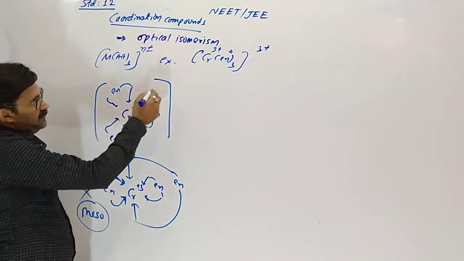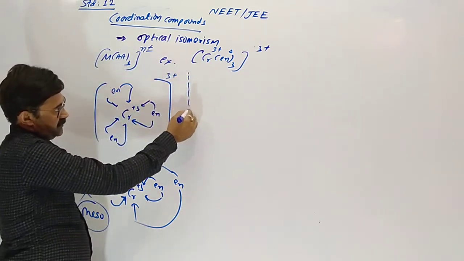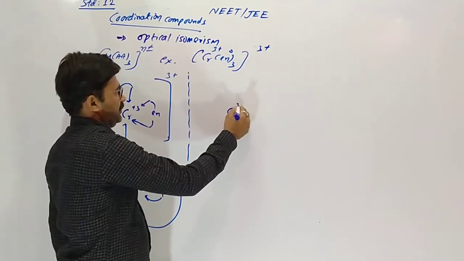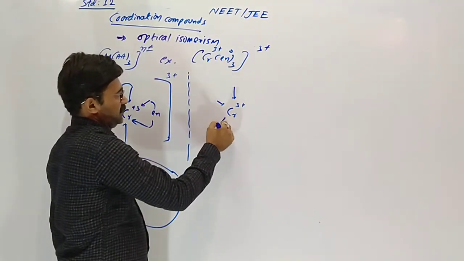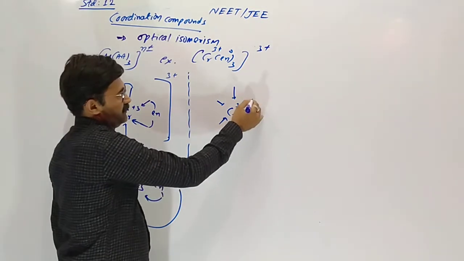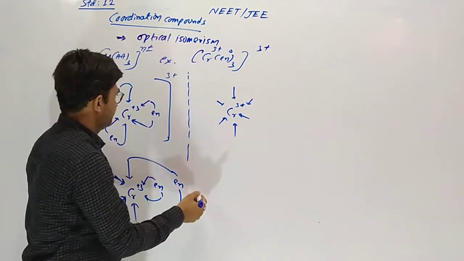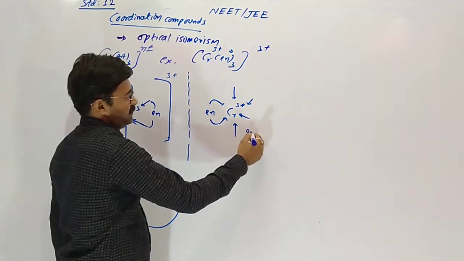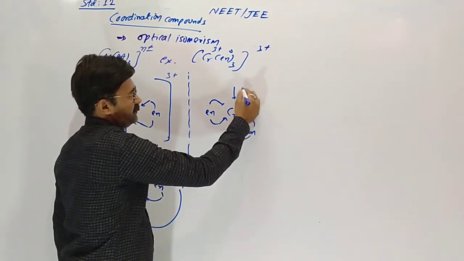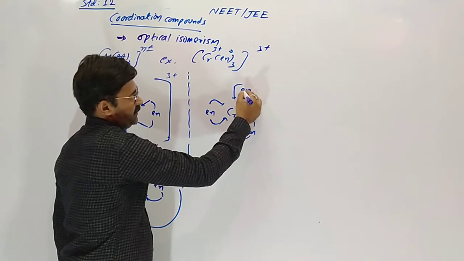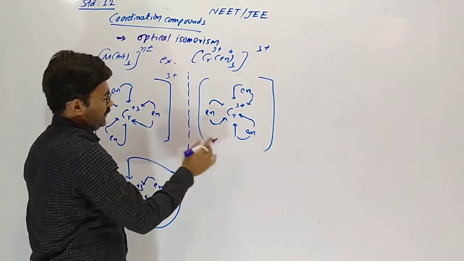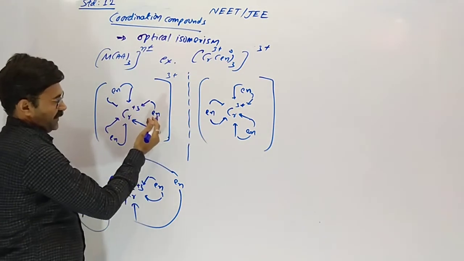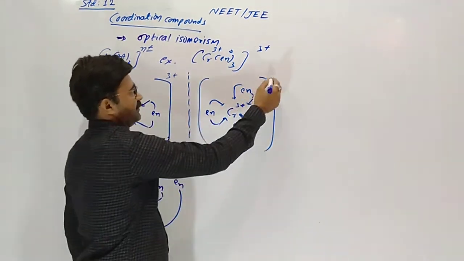Now on this square there should be 3 plus. The dotted line indicates the mirror. So Cr 3 plus, 1, 2, 3, 4, 5 and 6. You can see 1 en comes here, 2 en are here and here. In the mirror image, the left hand side should be on the right hand side, and the right hand side on the left hand side.